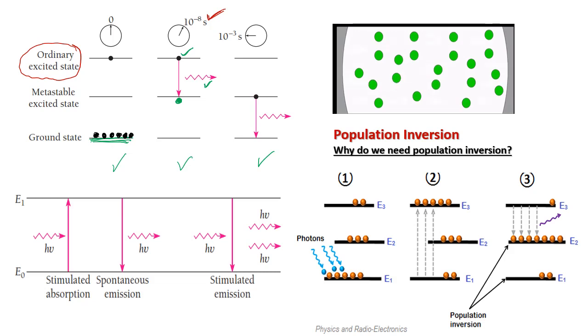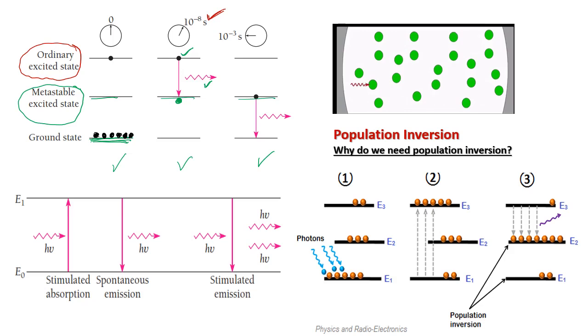Now the next is the metastable state. This is also an excited state of an atom. It is a state within the excited states which has a lifetime greater than the ordinary excited state.